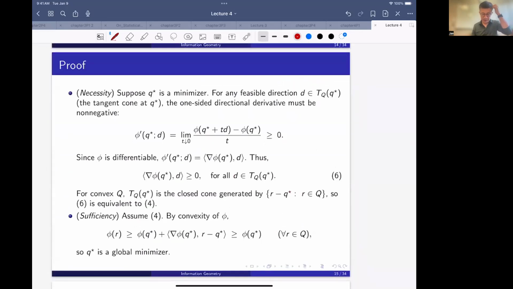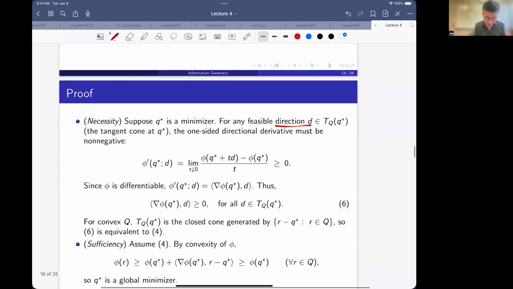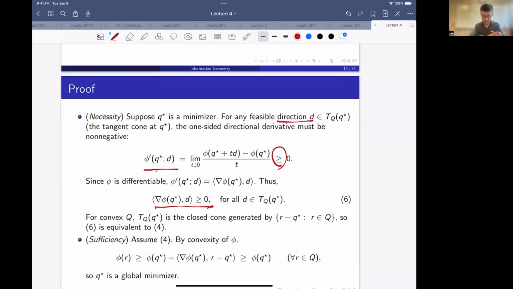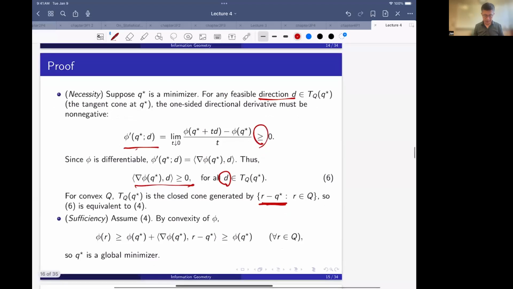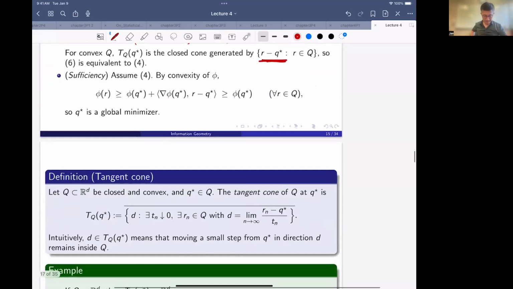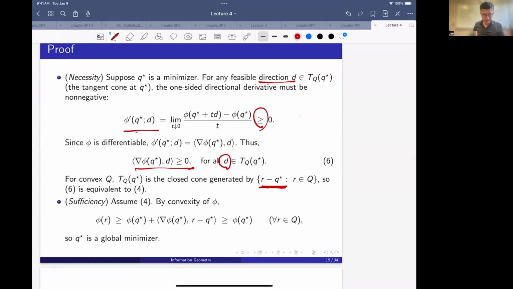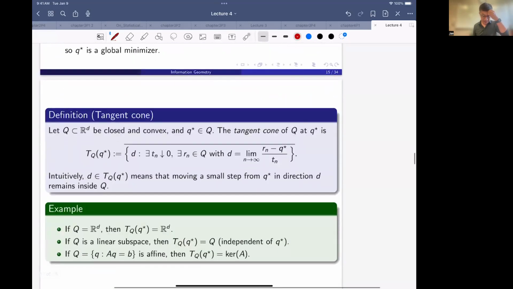So there's some feasible direction. Any direction, because it is convex, this limit should be non-negative. That means this one is non-negative, and this D can be written as something like r minus Q. The proof is not difficult, but the concept is essentially a property of convexity.